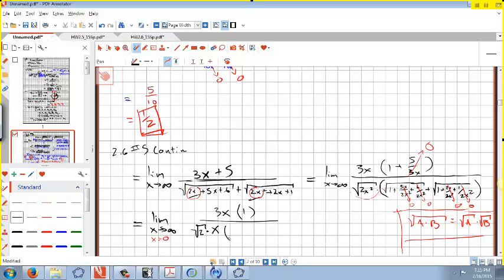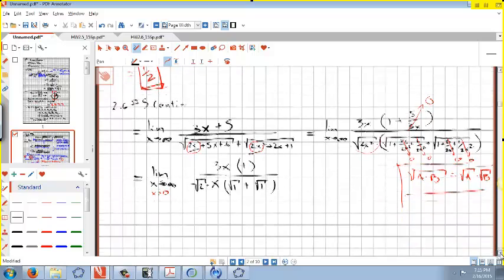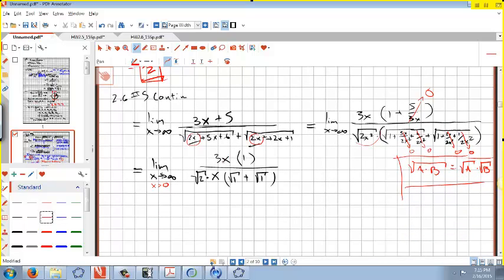And then what's left all up in here is square root of 1 plus the square root of 1. And these x's cancel out. These two combine to become 1. And you end up with that this limit is really just essentially 3 over root 2 times 2. And so I believe it is 3 over 2 root 2. I believe that is the answer.